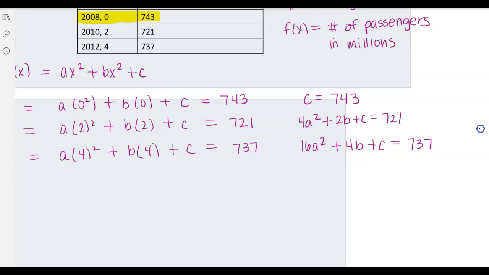The nice thing is that we've already got c equals 743, so I can plug that into equation number 2 and equation number 3 to simplify them.